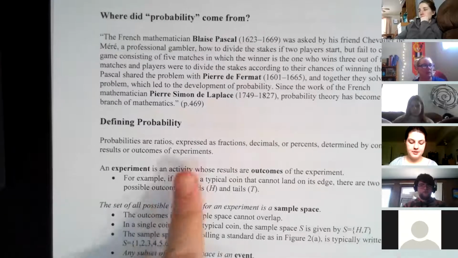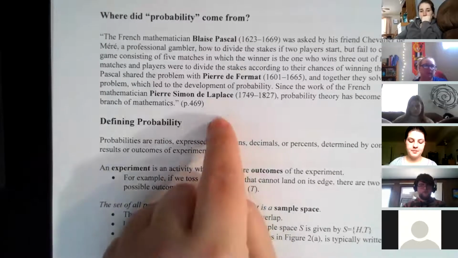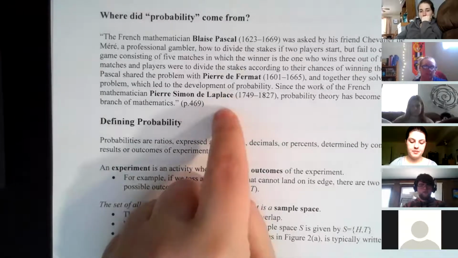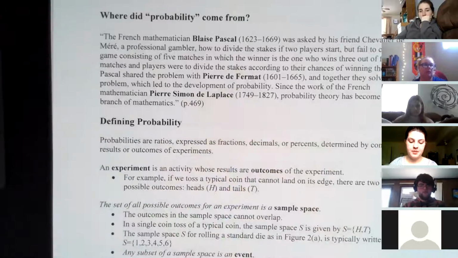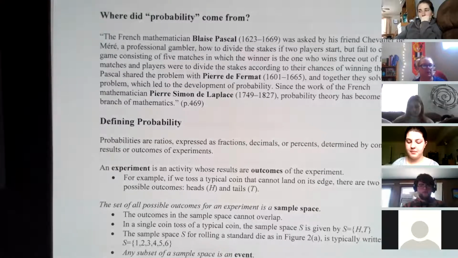And then Laplace, who is a very, very important mathematician, also had probability theory applications. He's also really big in other fields of mathematics as well, and so was Fermat. These guys were very important, and they made a lot of contributions to mathematics.